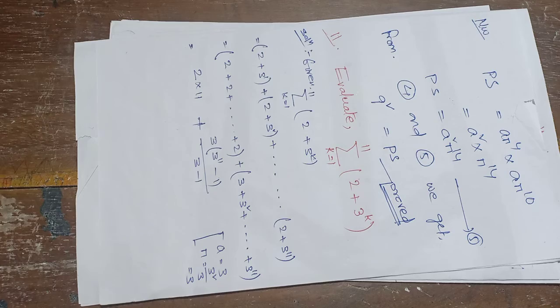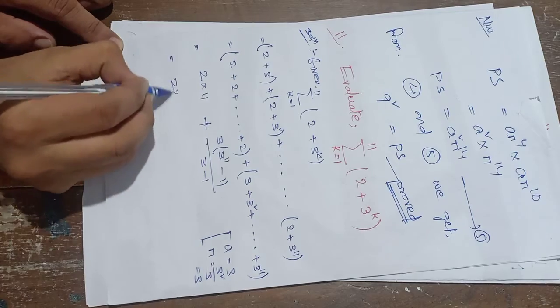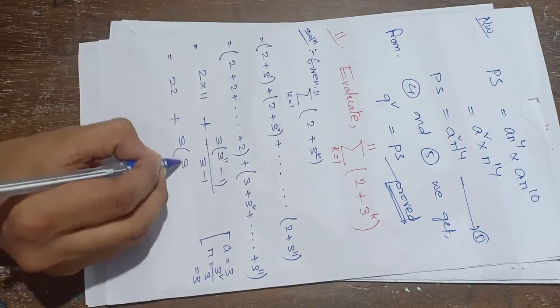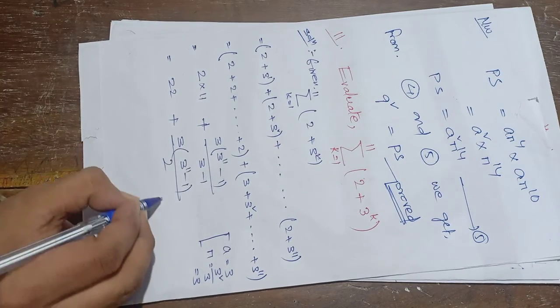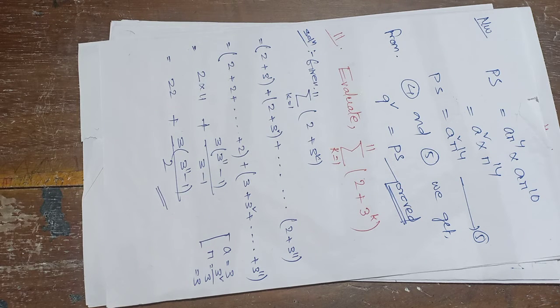This is the formula for the sum of 11 terms of a GP. So it is 22 plus 3 into 3 to the power 11 minus 1, divided by 2. You can keep your answer up to this. So this is the answer of this summation.